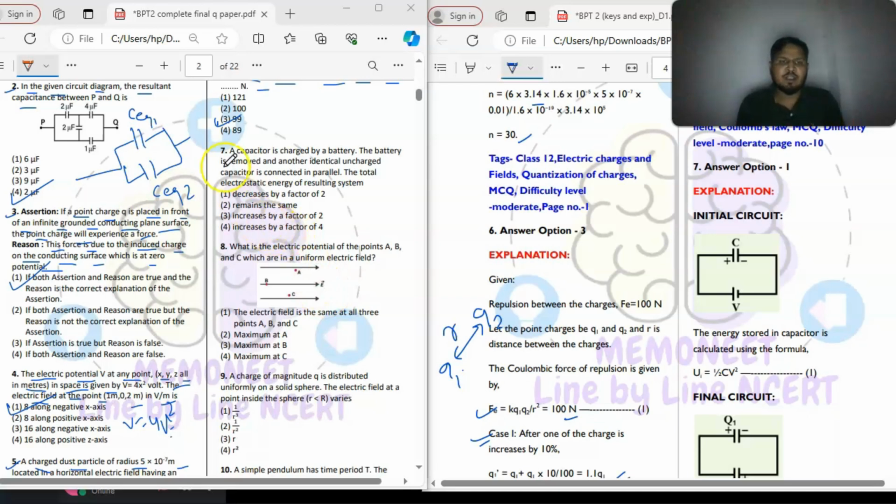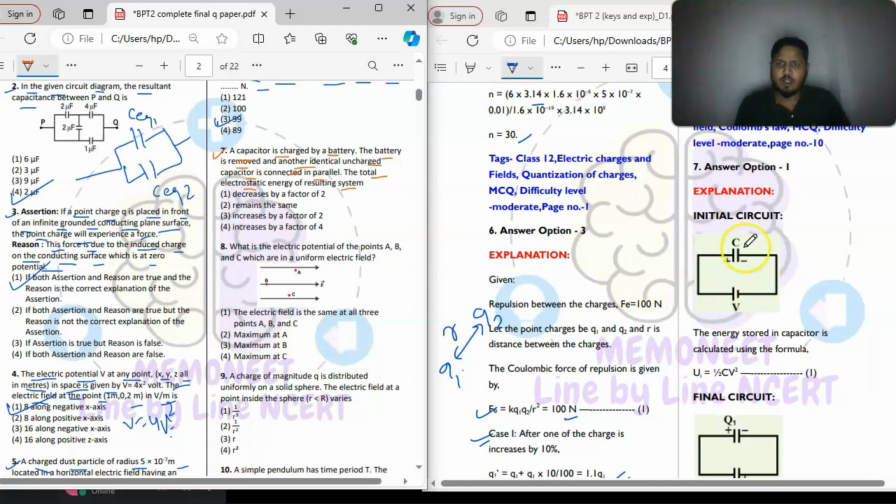Now move to the next question. The next question is that a capacitor is charged by a battery. The battery is removed and another identical uncharged capacitor is connected in parallel. The total electrostatic energy of the resulting system is? So here the concept is about electrostatic potential energy, that is, the energy stored in the capacitors.